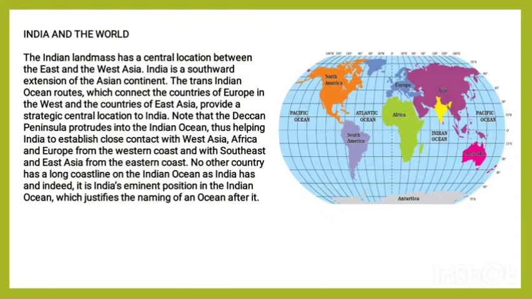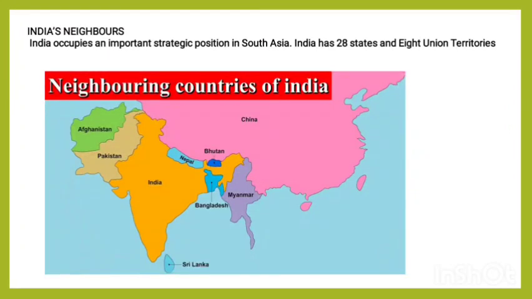No other country has the longest coastline on the Indian Ocean that India has. That's why India's position is a strategic location. So India plays a very important role in the world, in trading as well.